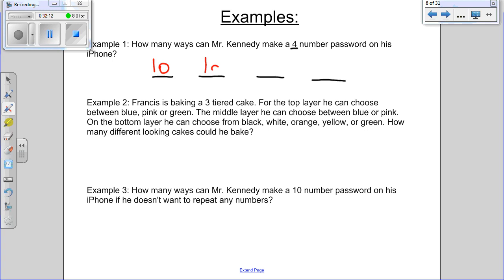So the total number of combinations would be 10 to the power of 4, which is 10,000. You need to understand that it can be written as 10 to the power of 4, or 10,000. Both answers would be valid and could pop up on a test.